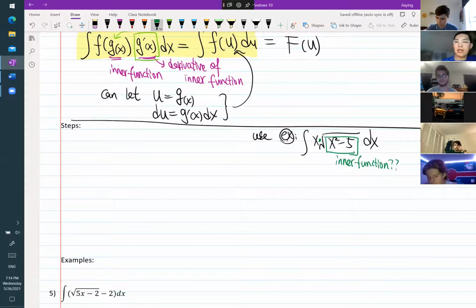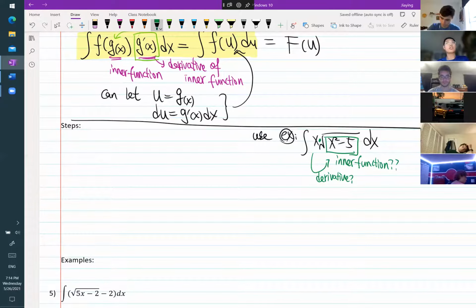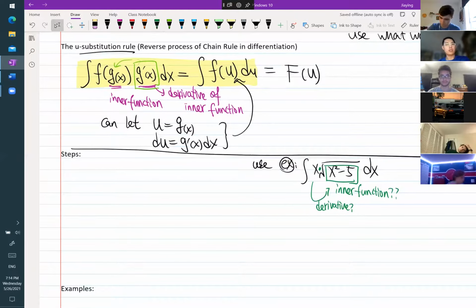And then the x looks like the derivative of the inner function. It looks similar, though it is not exactly the derivative. Because I have a lot of experience, it looks like the x is the derivative of the inner function. So it's fitting the structure that the substitution rule says.